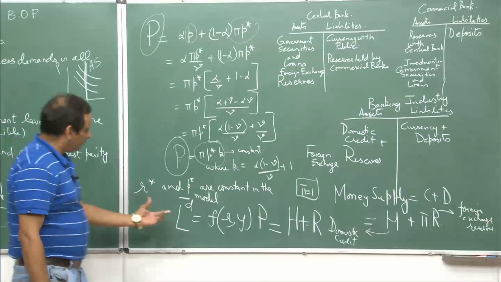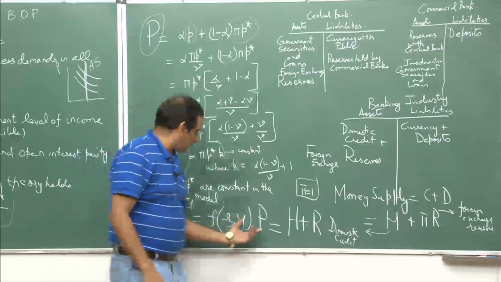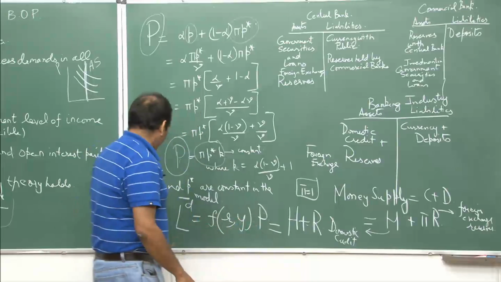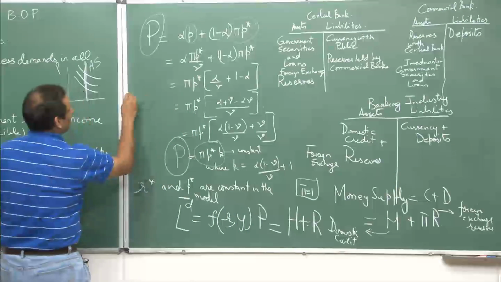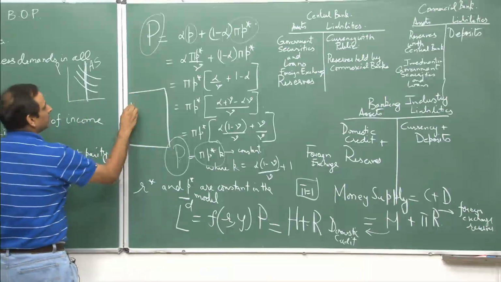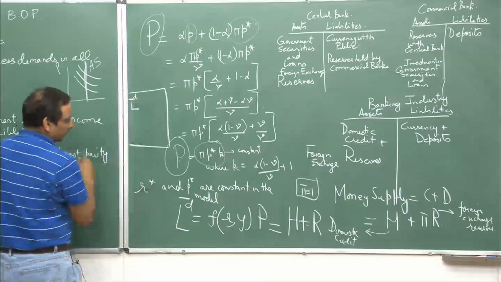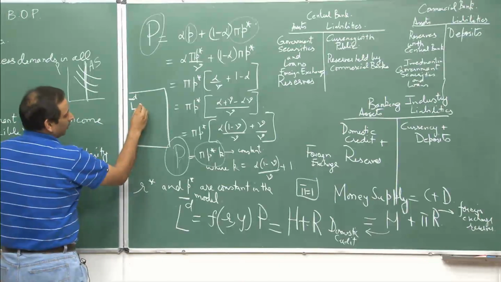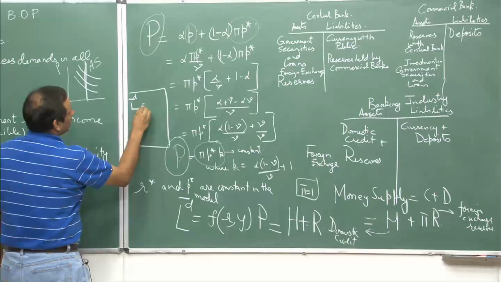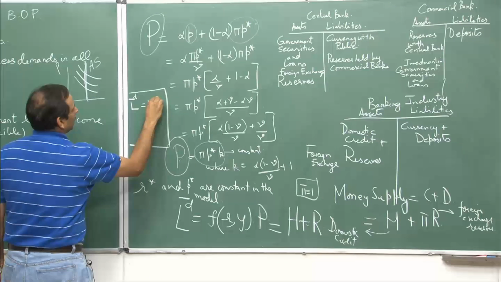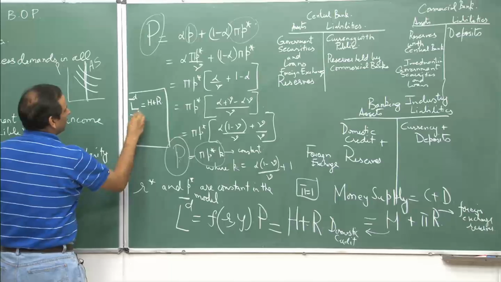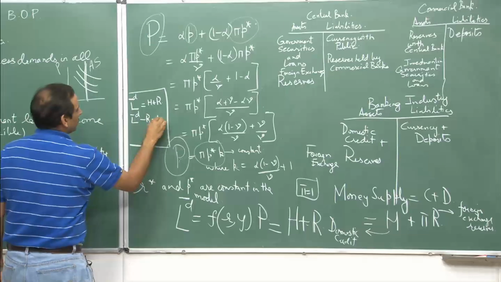So, you have L bar D. So, that is the equation that is coming out. L bar D is equal to H plus R, or L bar D minus R is equal to H.